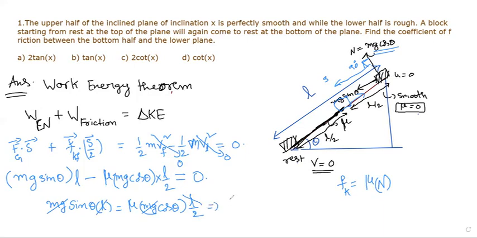So you can find mu as 2 sine theta by cos theta. That's 2 tan theta for you. And I said theta is actually this, x is what we thought of. So as per the options, it turns out to be option A. So that's mu is 2 tan theta.